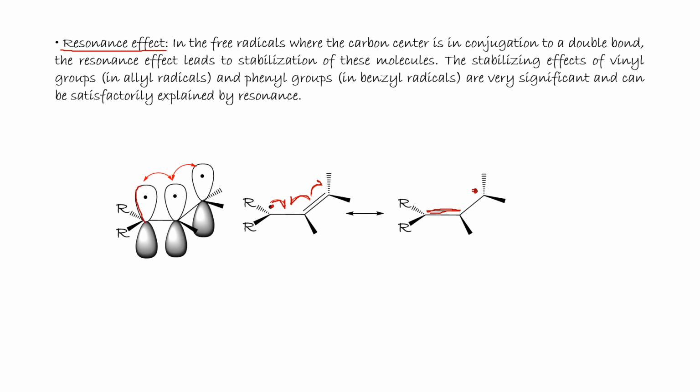So this is 1 electron, p orbital, 1 electron, and this again 1 electron, and these p orbitals are open and in the same plane, so there is delocalization of electrons, making a more stable radical we call an allylic radical.